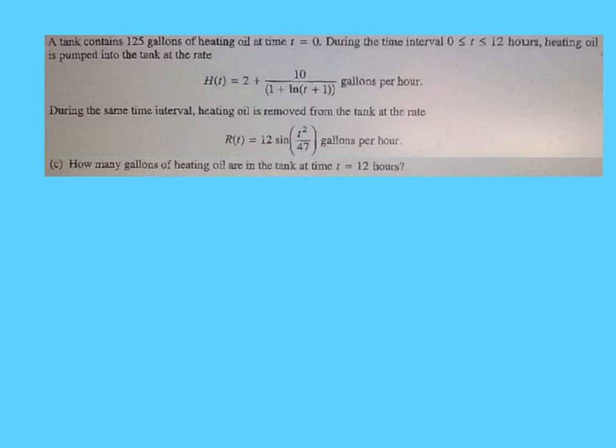All right, part C, how many gallons of heating oil are in the tank at 12 hours? All right, so now once again, we have to consider both things that are happening. So during this interval, we are adding oil and removing oil.